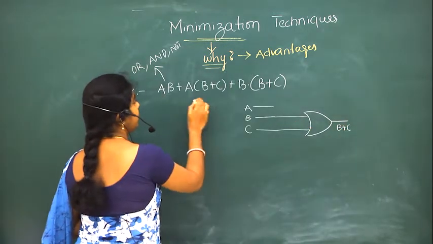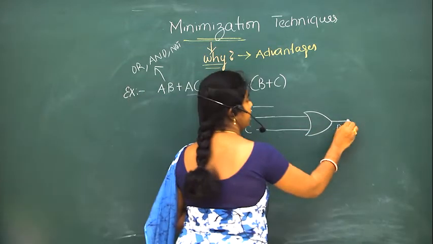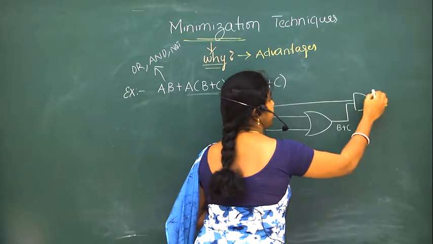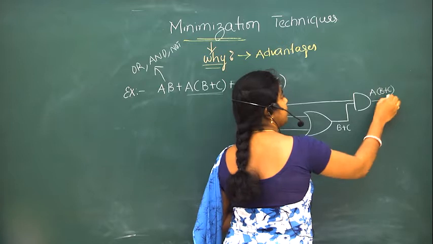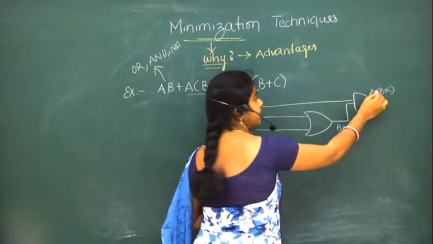After that, in this term, it is ANDed with A. So here it comes as A dot B plus C. The inputs are A and B plus C, so both are ANDed.